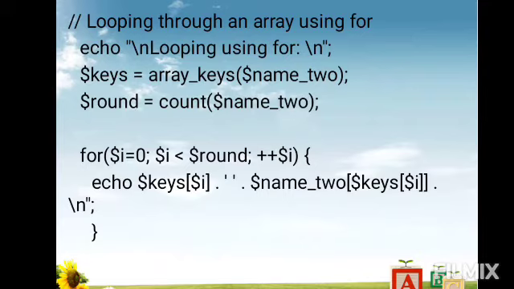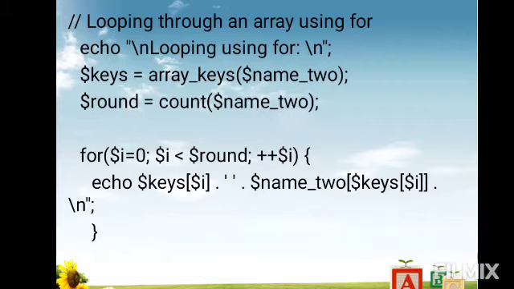array_keys is a built-in function that returns the keys of an associative array. Here I use $keys as a variable which holds the keys of the associative array. array_keys is used to get the keys of the associative array $name2.